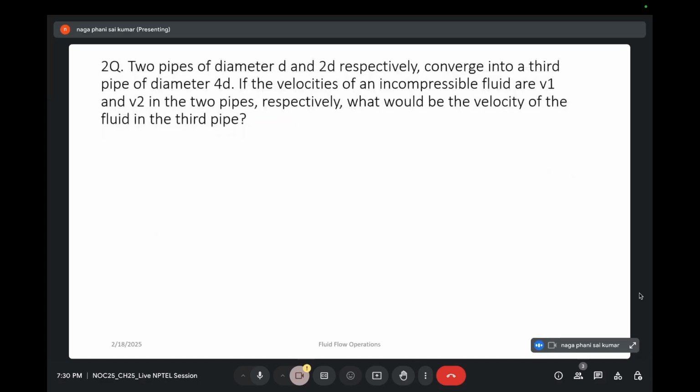Coming to the second question: two pipes of diameter D and 2D respectively converge into a third pipe of diameter 4D. If the velocities of an incompressible fluid are V1 and V2 in the two pipelines respectively, what would be the velocity of the fluid in the third pipeline? So how do you do this? Let's do it in a different way.